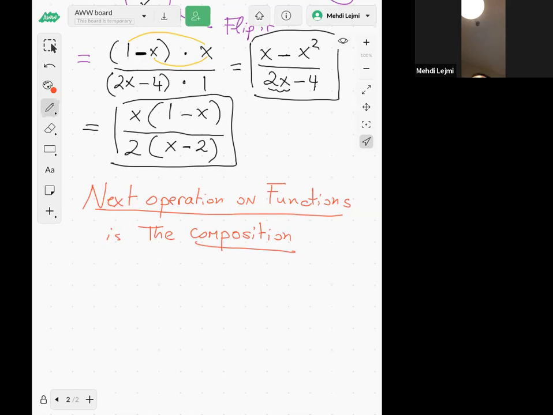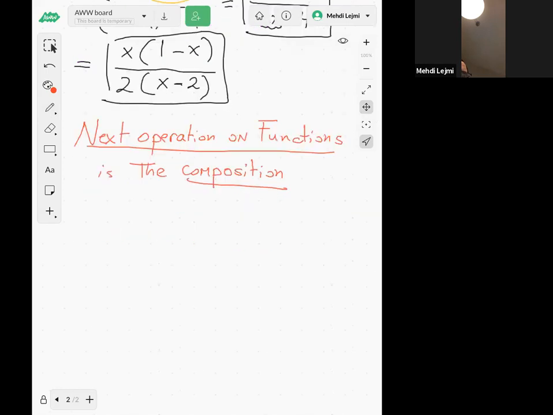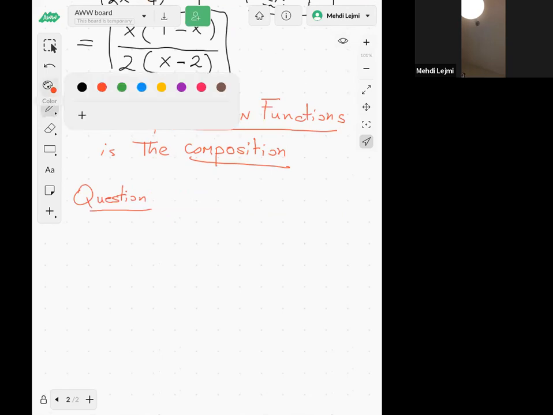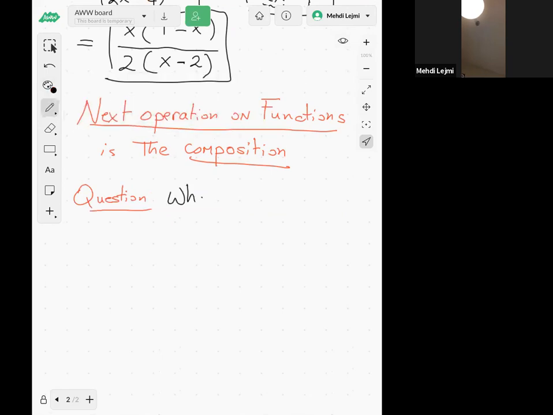So what do I mean by composition of functions? Let me start with an example so you can see what I mean. So the question, of course, is what's a composition of functions?